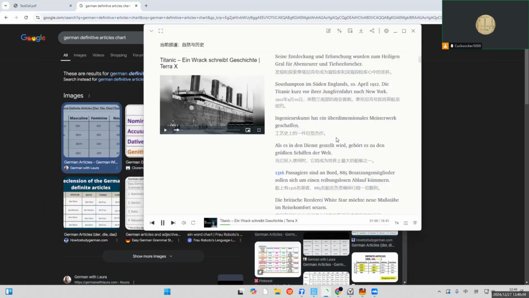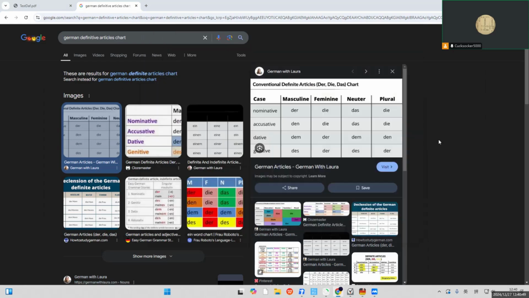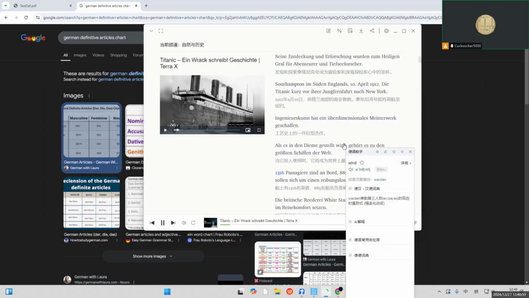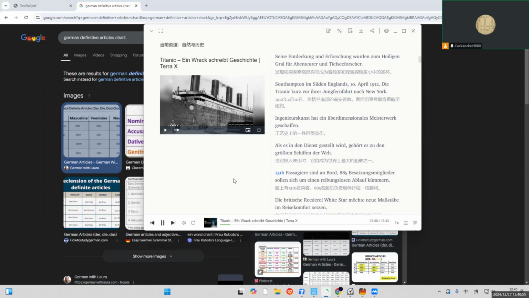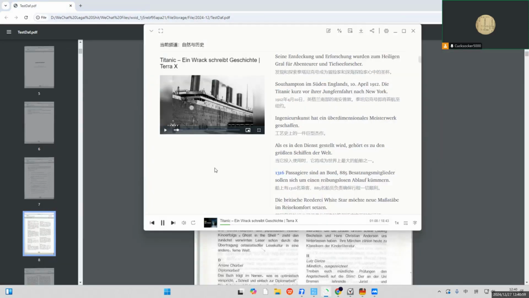So when you say one of the biggest ships in the world, you use dative, and it is plural, so you use den. That's the only thing that can make sense. Okay, I'll just take it for granted here.